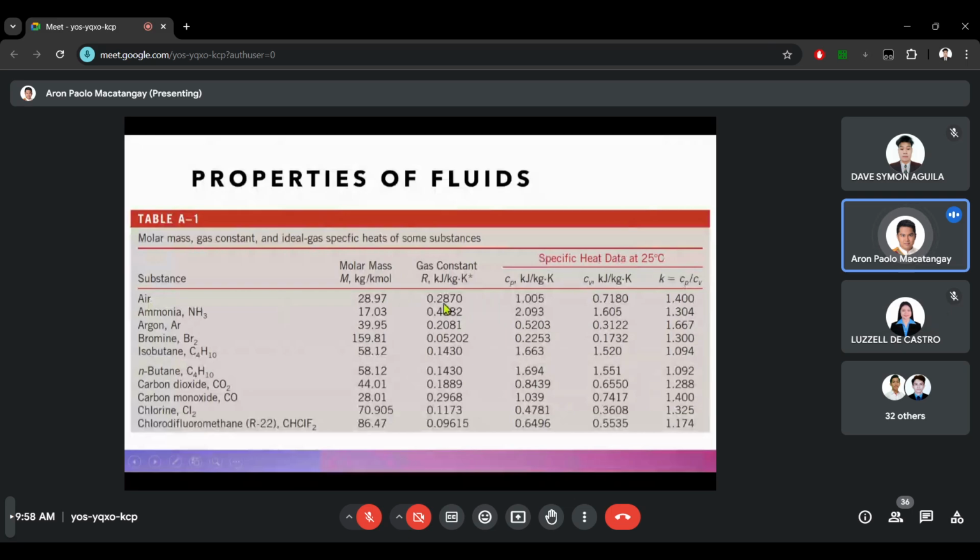For air, I want you to memorize and know by heart 0.287 kilojoules per kilogram Kelvin. But for the other gases, this will be given in the problem if needed. For air, I hope that moving forward you can memorize it.